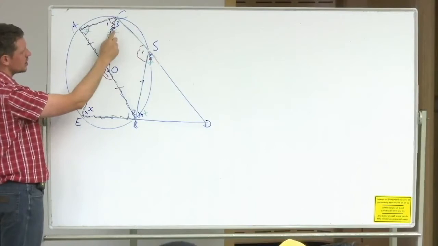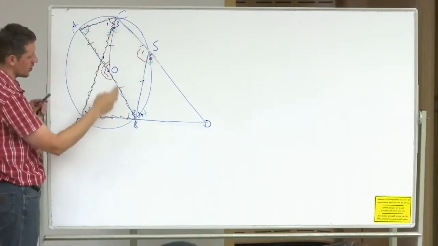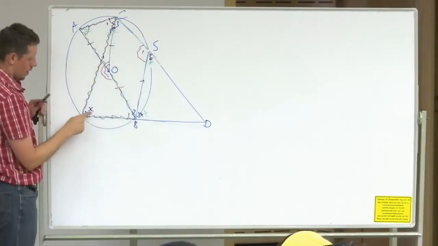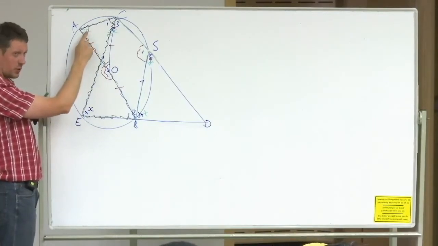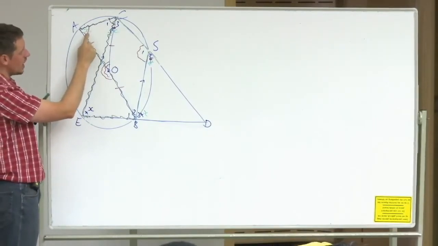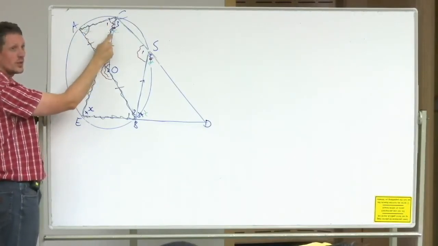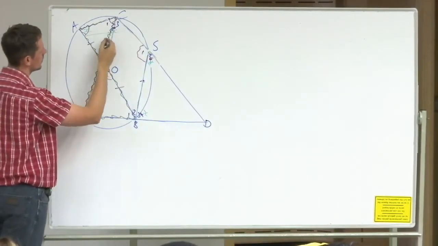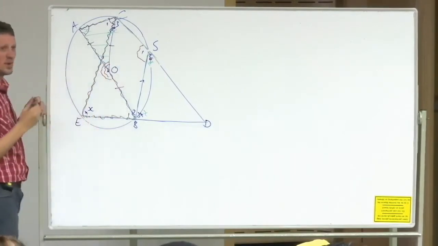S2 is equal to C2 and 3 because of corresponding. So here I've got 1, 2, 3. E is equal to x. There's my fourth one. But angle A is equal to C1 and 2 because of isosceles triangle. There's my fifth one.